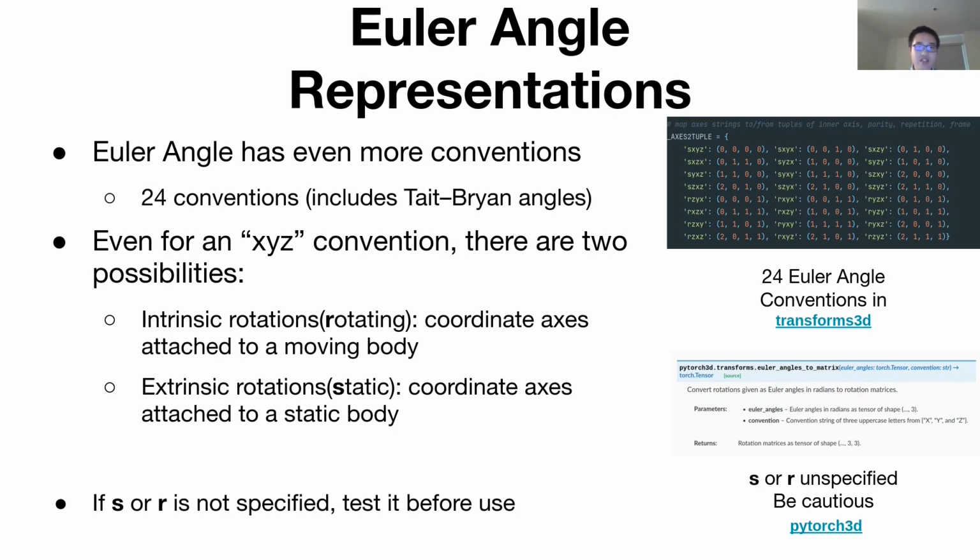In this case, the coordinate axes of the Euler angles are assumed to be attached to a moving body. And there's also the extrinsic rotations, or the static frame, where the coordinate axes are attached to a static body. And sometimes in some libraries, they do not specify whether the static or the rotating frame is used. So you may want to test it before you use the Euler angles in those libraries.